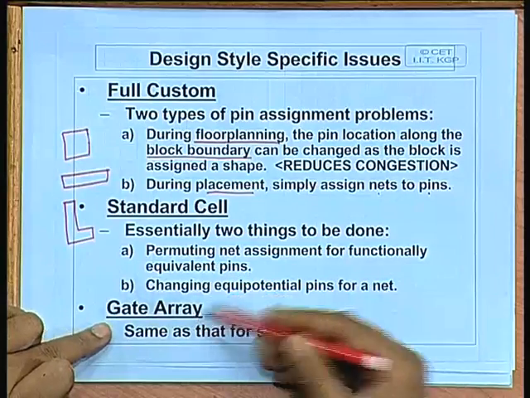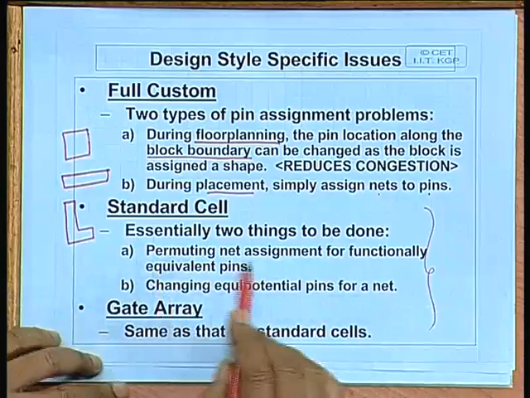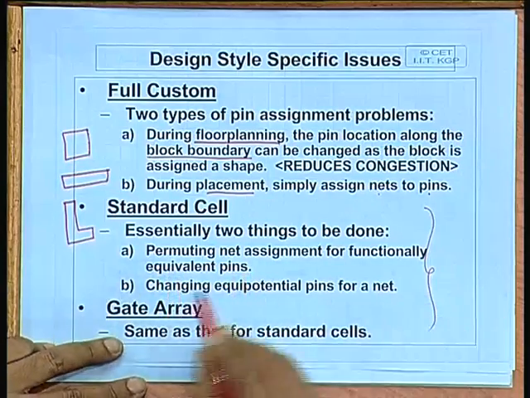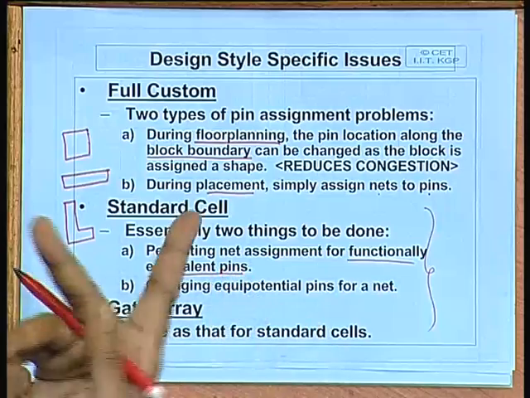And standard cell or gate array, here the problem is simpler. See, here basically you will have to identify the functionally equivalent pins, and the net assignment you can do some swapping out there.